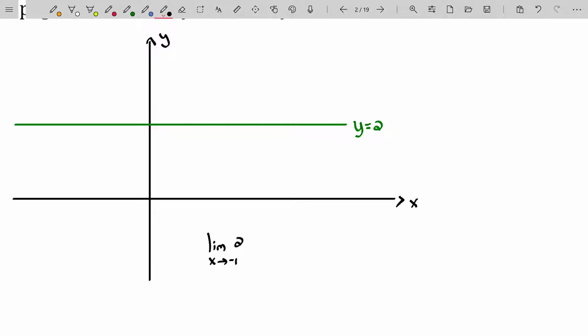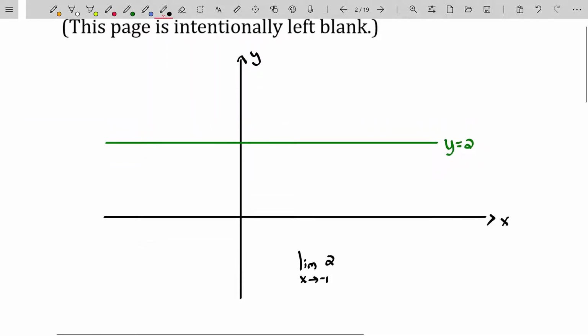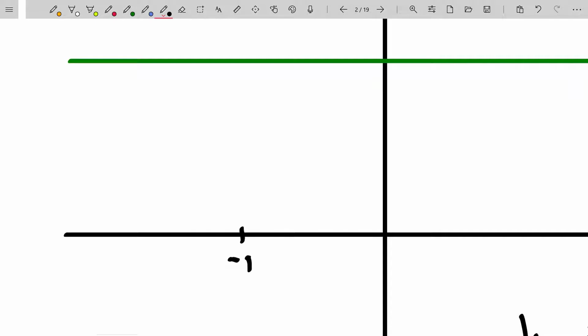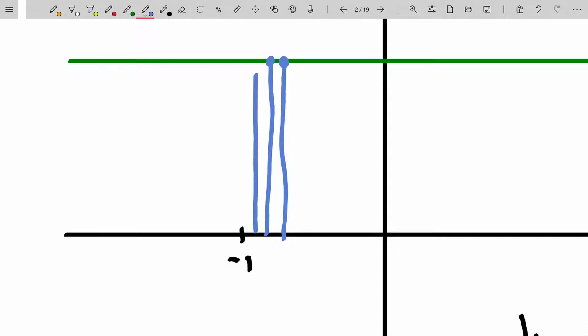Well, here's my function in green. That's the function 2. And let's pretend as though maybe right about here is x equals -1. Now, as our x values get really close to -1, the corresponding y values for our function are 2. No matter how close we get to x equals -1, the y values are all going to be 2.